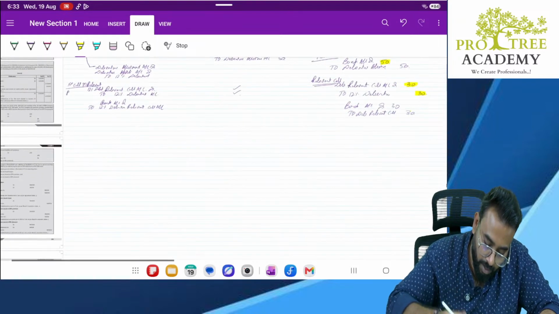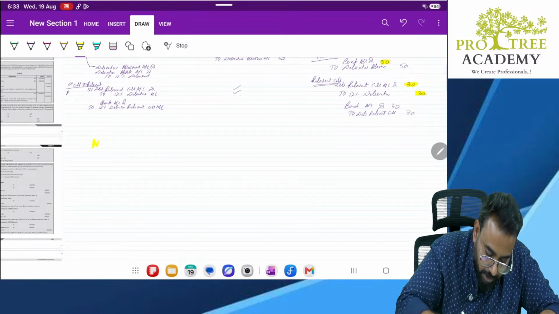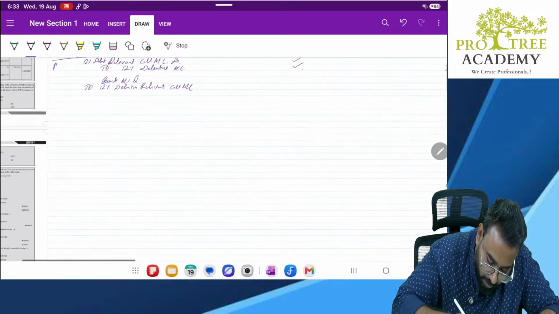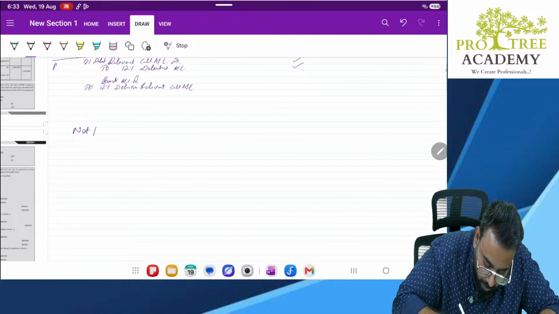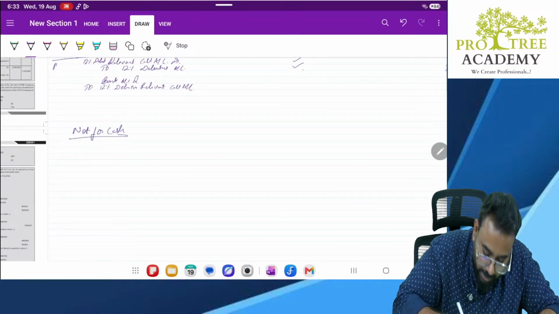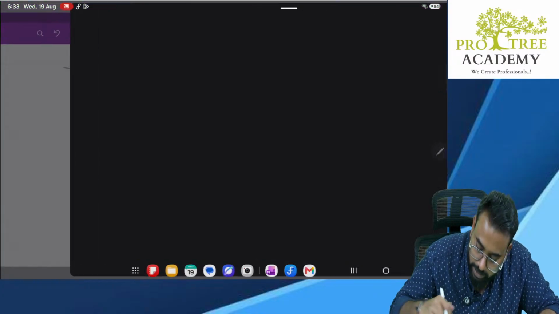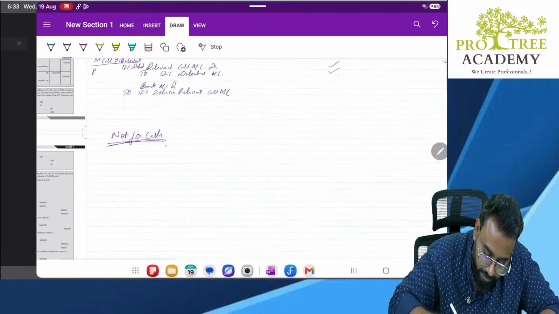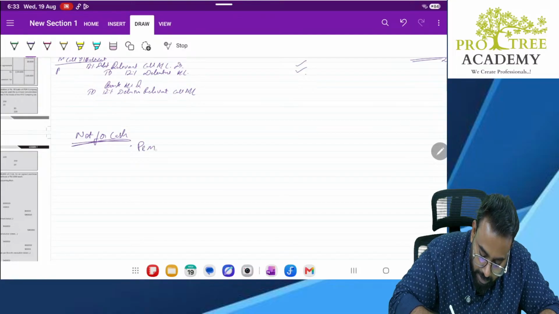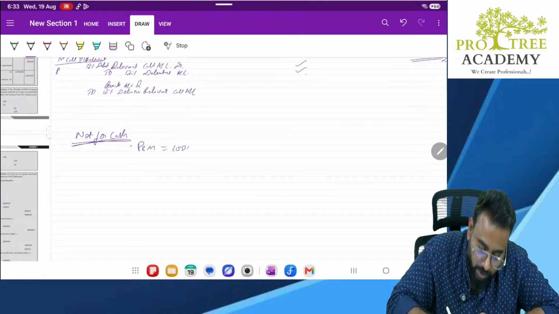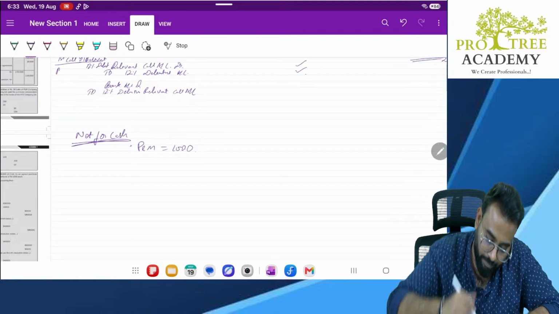Similarly here, if it is not for cash, what is the entry? The first entry: suppose, for example, I purchased plant and machinery for 1000.